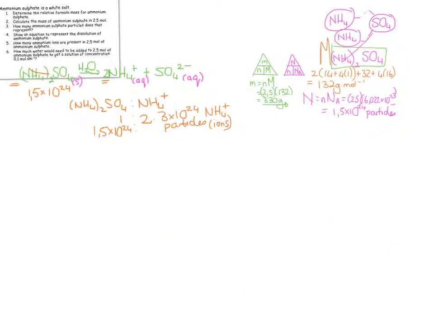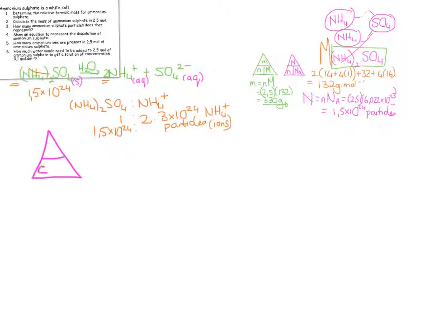And the last thing I have to do is how much water needs to be added to those 2,5 moles of ammonium sulfate to get a solution of concentration 0,1 moles per cubic decimeter. Really easy. It's not a dilution. It's not anything fancy. All I need to do is this equation.